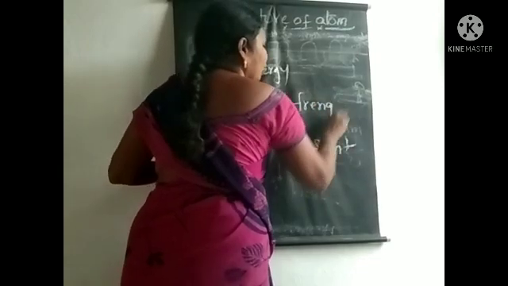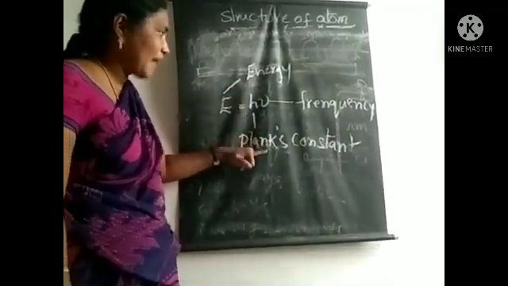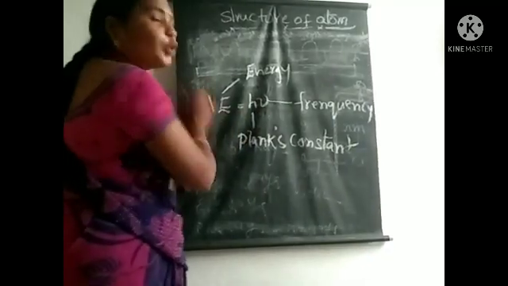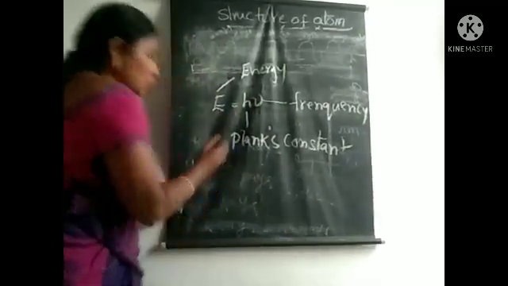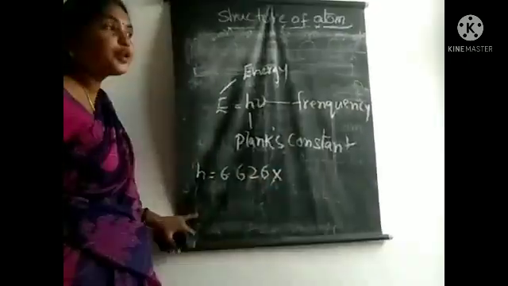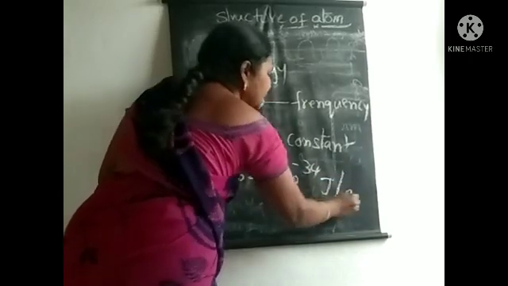Planck's constant value is h equal to 6.626 into 10 to the power of minus 34 joule seconds.